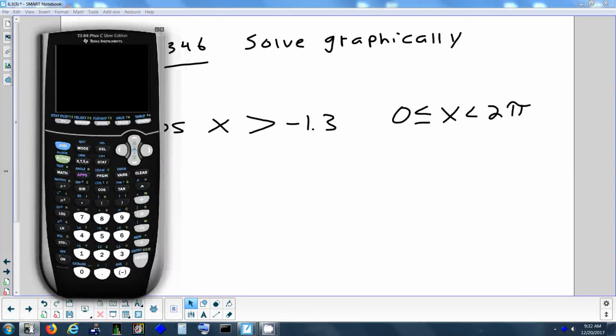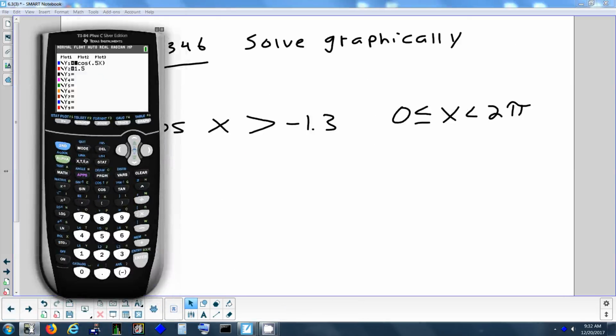So we've got 2 cosine x and negative 1.3. So as far as typing it in, you don't do anything different. Type it in the same way. Windows should already be set from the last couple problems.